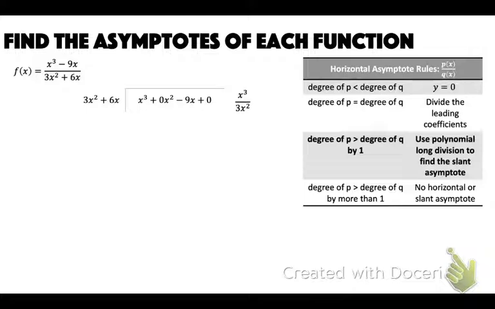So x cubed divided by 3x squared is x over 3, which is the same as 1/3 x. Multiply it: 1/3 x times 3x squared is x cubed, and 1/3 x times 6x is 2x squared. Subtract, change those signs, so negative 2x squared, bring down that 9x, and divide again: negative 2x squared divided by 3x squared is negative 2/3.